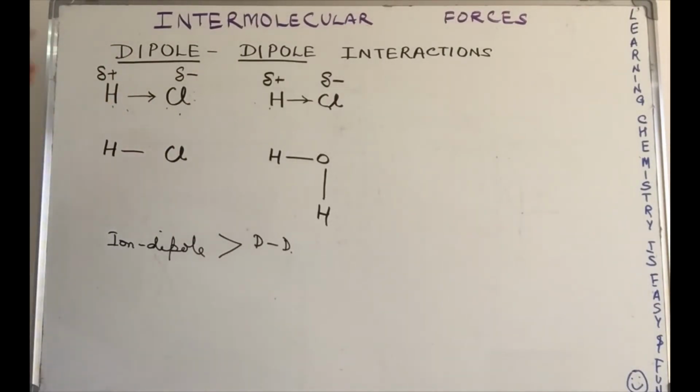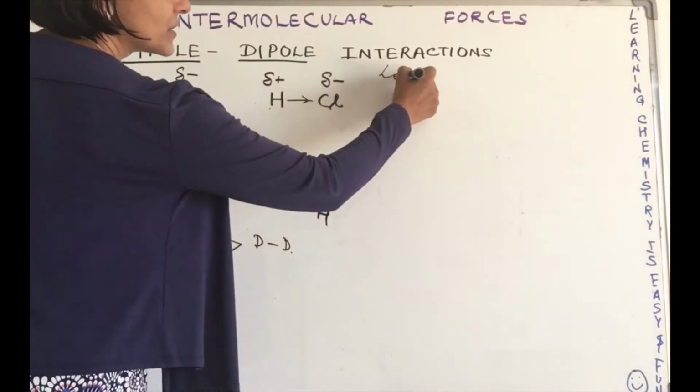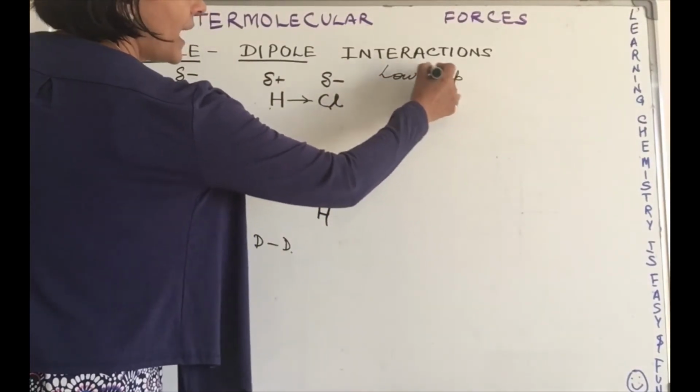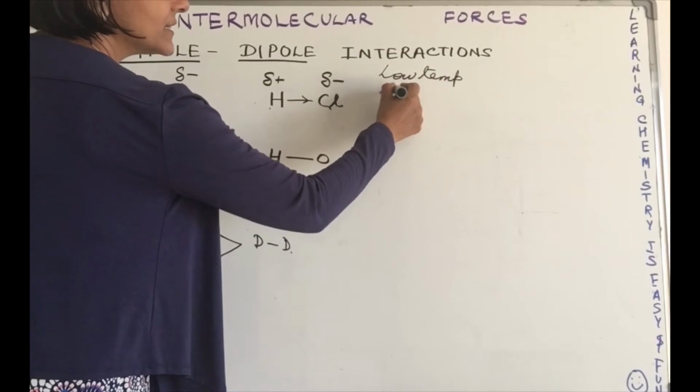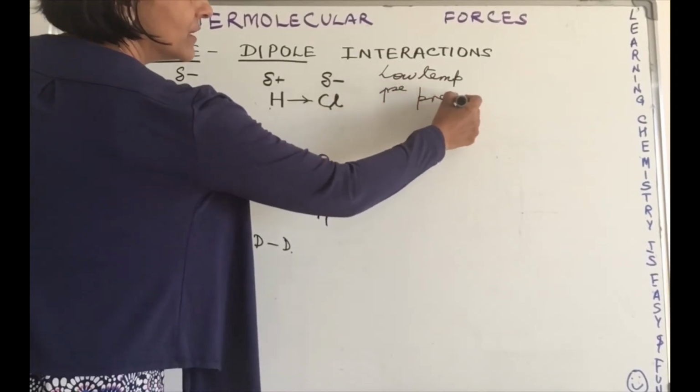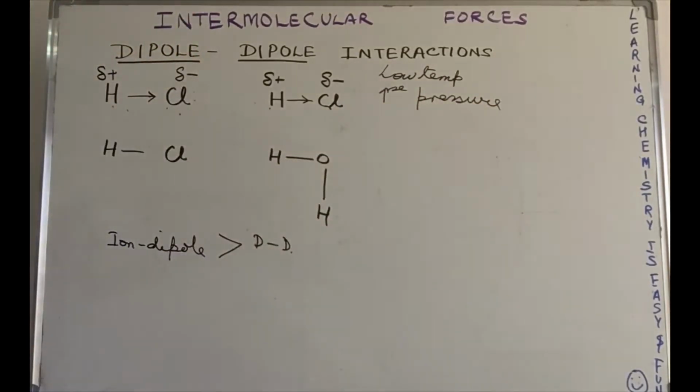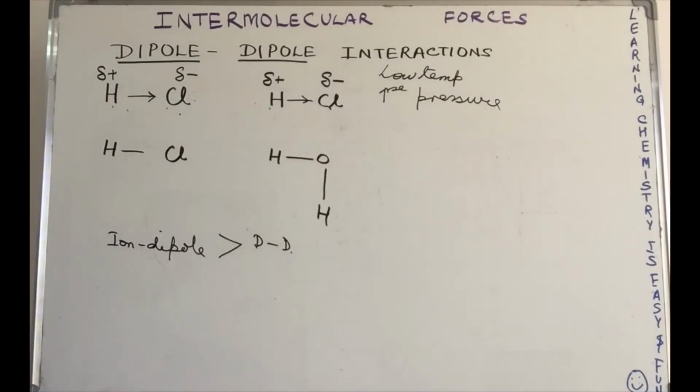That is why when you try to liquefy HCl, what do you do? You decrease the temperature, right? And you increase the pressure. Correct? By increasing the pressure, you are bringing the molecules closer to each other.